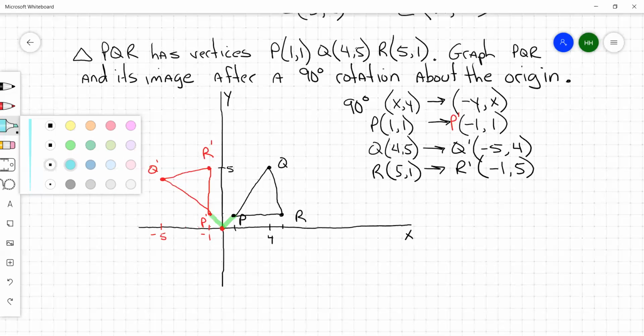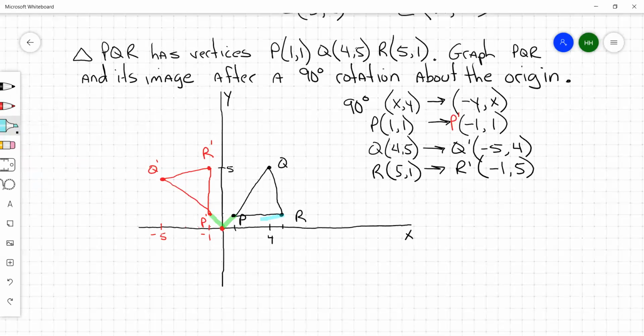From R to the center of rotation, and then from R to R prime, another 90 degrees. Then Q to the center of rotation would go right down that leg, so that would really get messy. But I hope you got the idea.